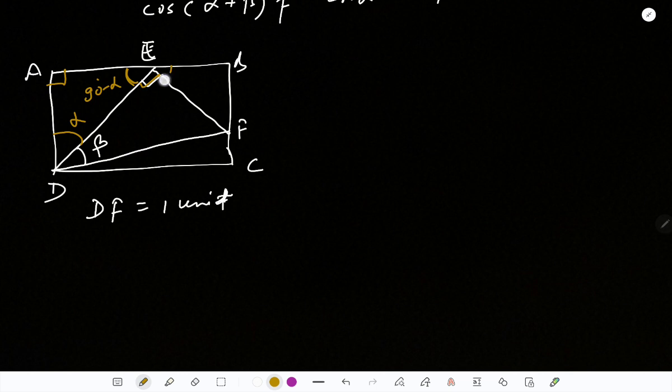That means this angle will become alpha, and this is 90 degrees, so this angle is going to be 90 minus alpha, this angle as well, and this angle is beta and this angle is 90 degrees, so it will become 90 degree minus beta. That means this angle will be alpha plus beta. You can verify them.